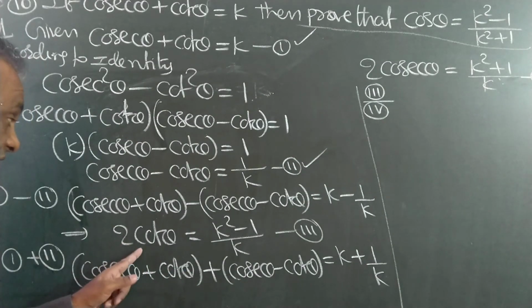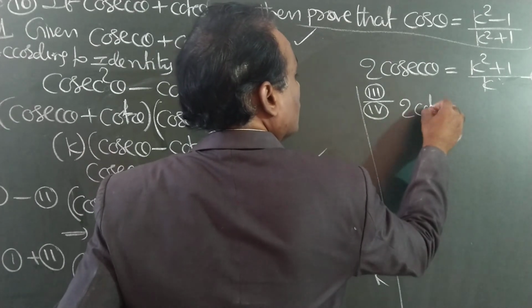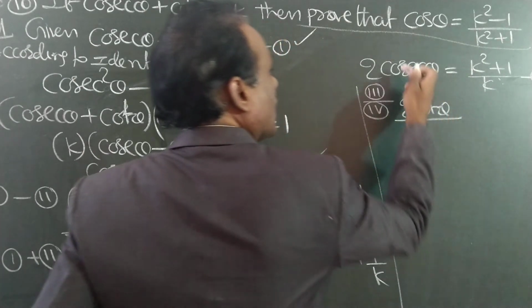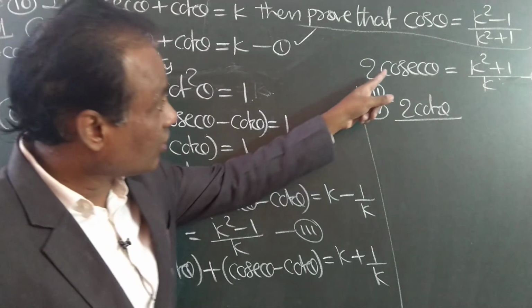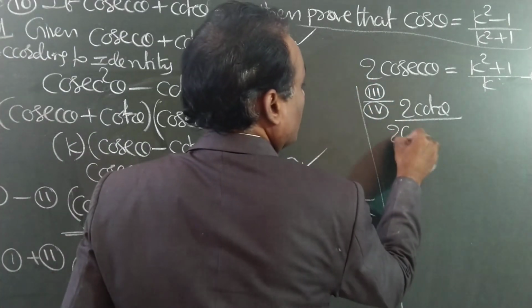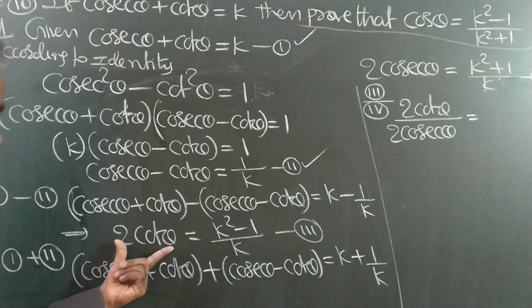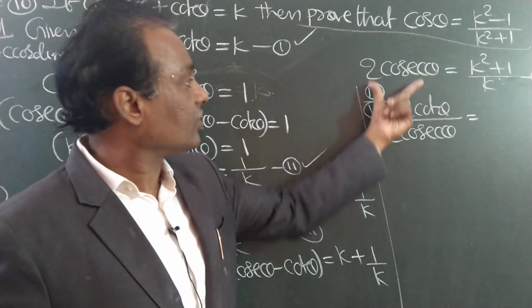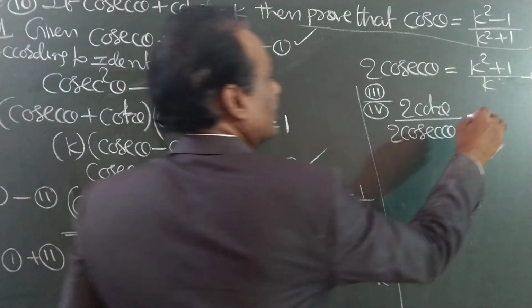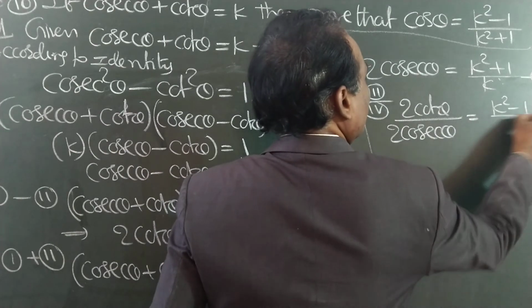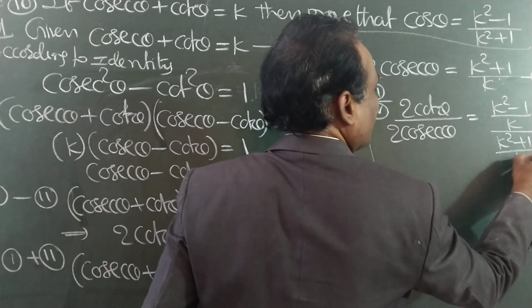Third equation is 2 cot theta, fourth equation is 2 cosecant theta. The right side: third equation, k square minus 1 by k; fourth equation, k square plus 1 by k.